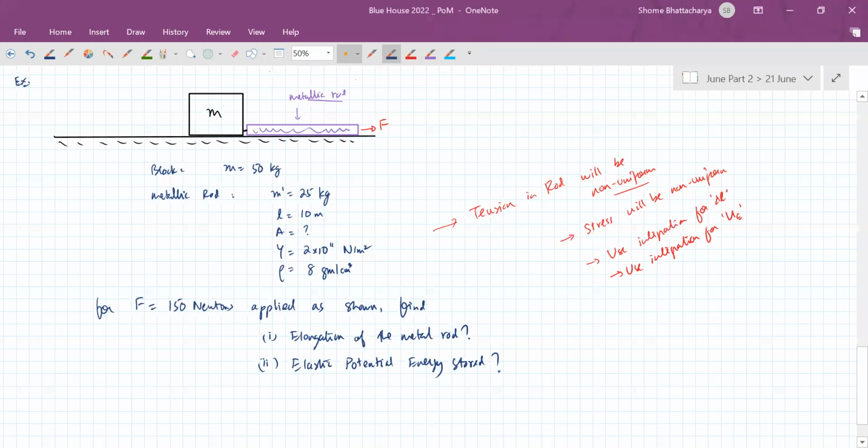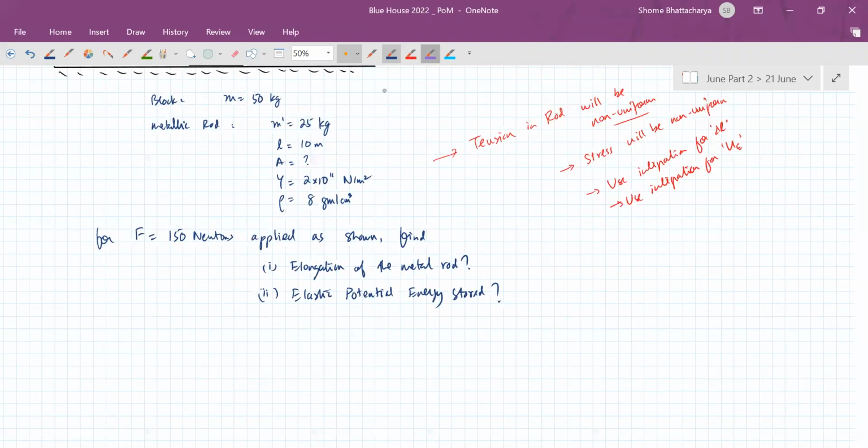Okay, so first of all, let's understand how to calculate the variable tension. Just before that, we need to calculate the area of cross section. We'll calculate the area like this: mass upon length into density. This should give us the area of cross section. The mass of the rod is 25 kg, the length is 10 meters, and the density is 8 into 10 raised to the power 3.